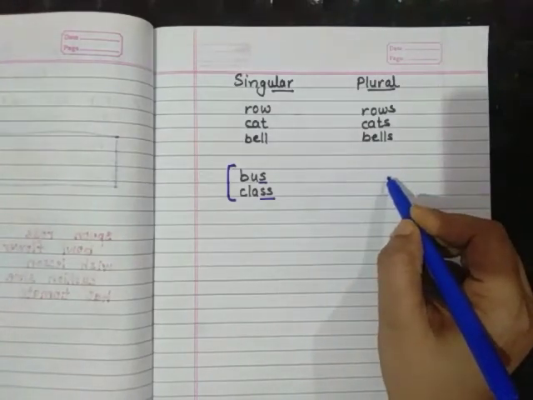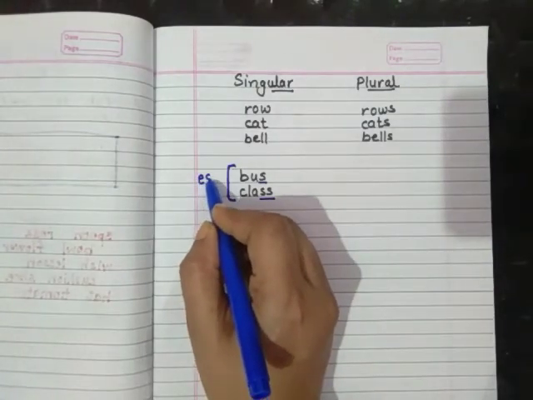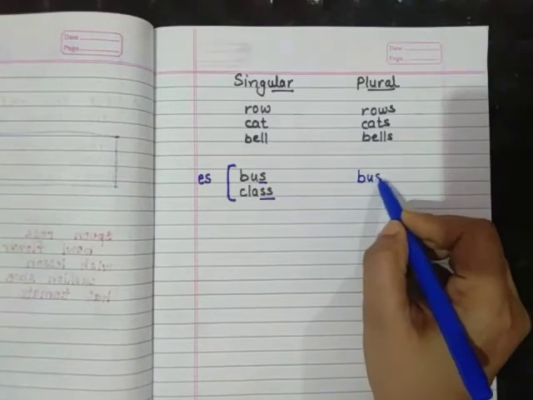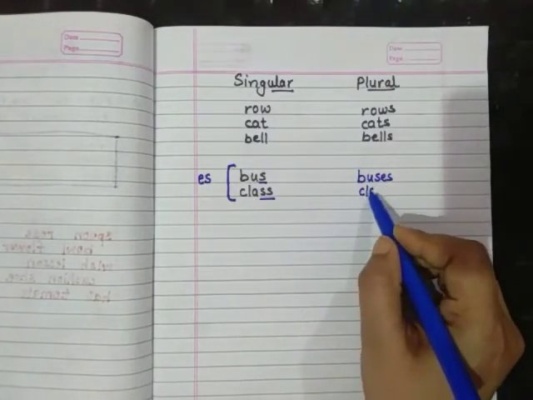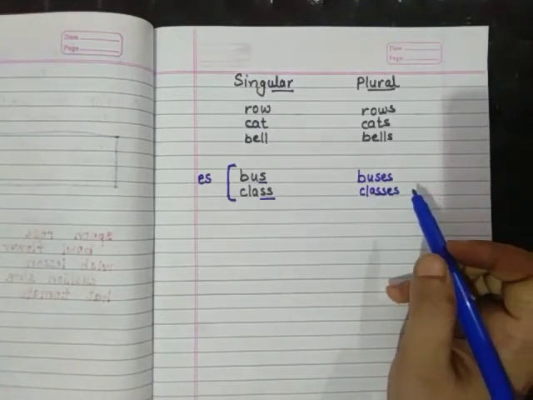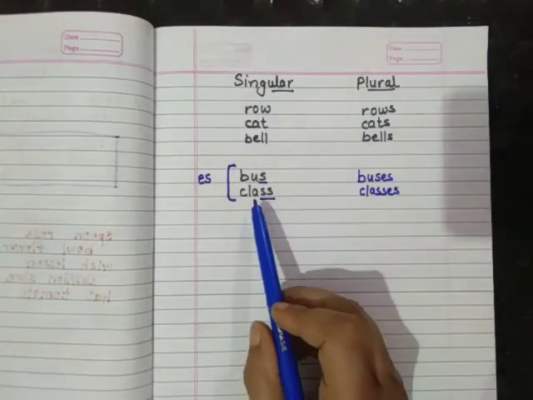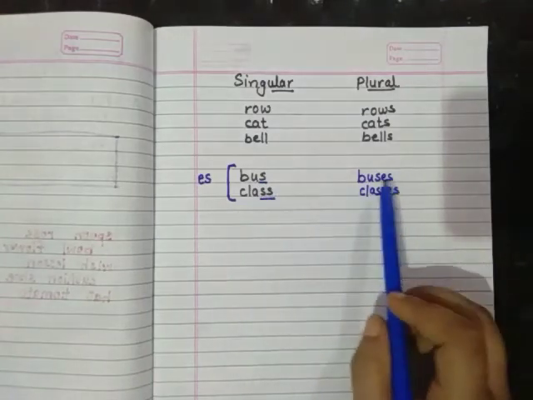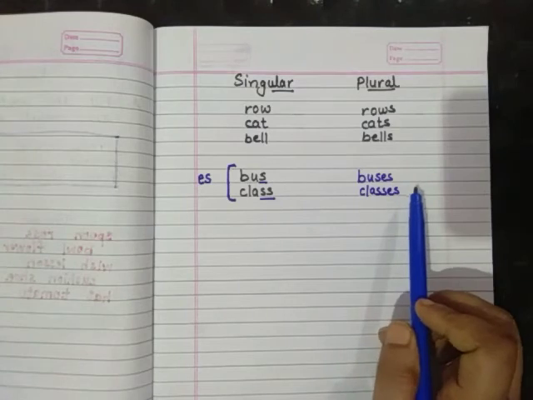What do we add? We add ES. We add ES to both of these, and the plural form will be BUSES, and here it will be CLASSES. So what is the concept? The concept is if any singular word ends with S and double S, the plural form has ES at last.